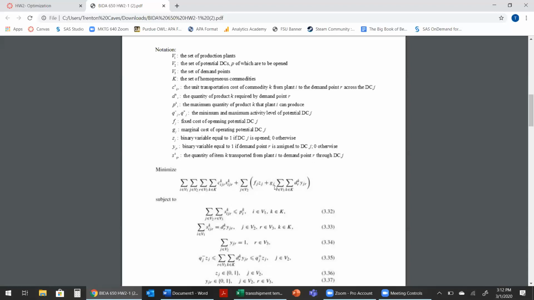Then the second half of that equation, the G sub J, D sub R K, Y sub J R: the G sub J is the marginal cost of operating the distribution centers. And that's based on the D sub R K, which is the quantity of product required at a specific demand point, and Y sub J R, which is whether our distribution center services a specific demand point.